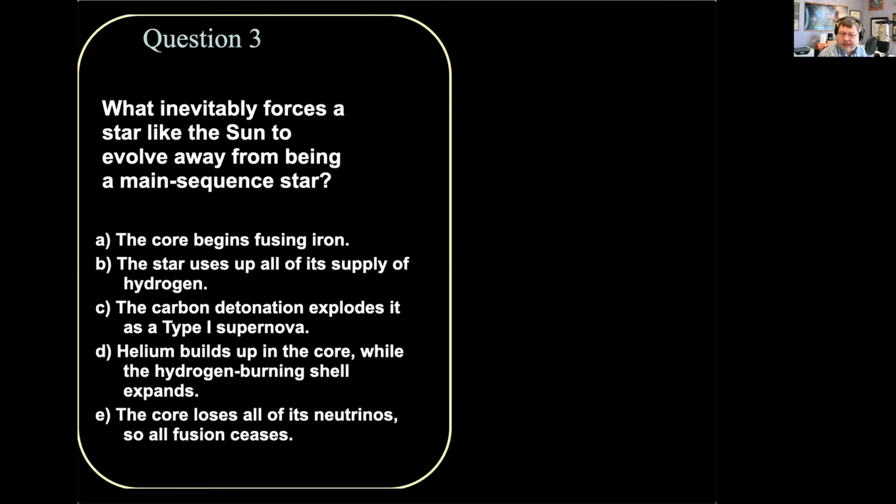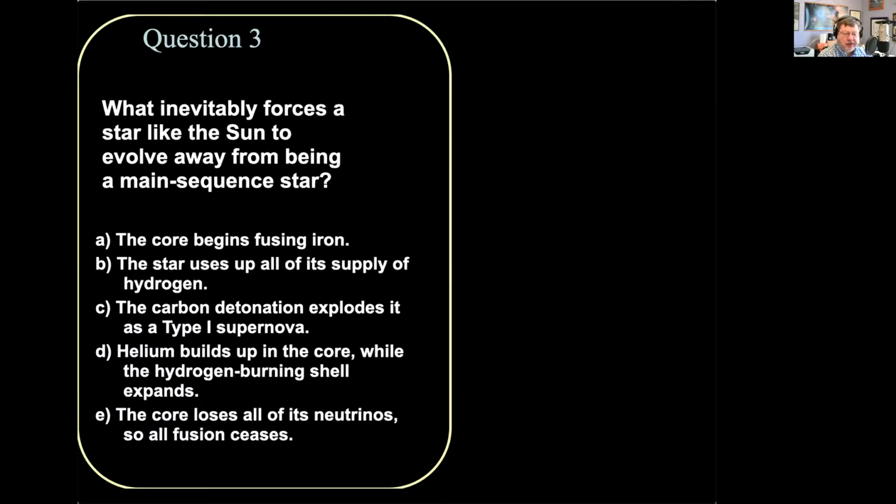Okay. So what inevitably forces a star like our sun to evolve from being a main sequence star? A, the core begins fusing iron. B, the core uses up its supply of hydrogen. C, the carbon detonates and explodes as a type 1 supernova. D, the helium builds up at the core while the hydrogen burning shell expands.